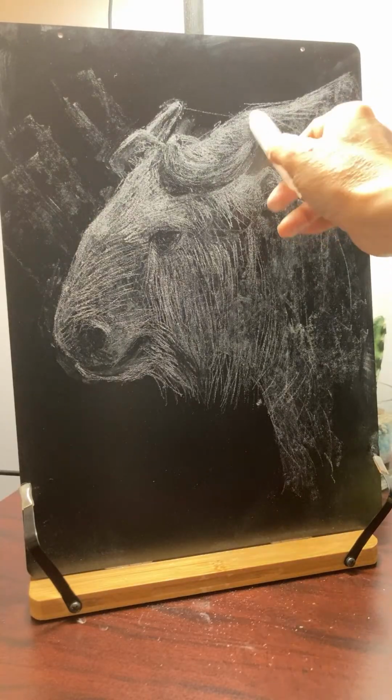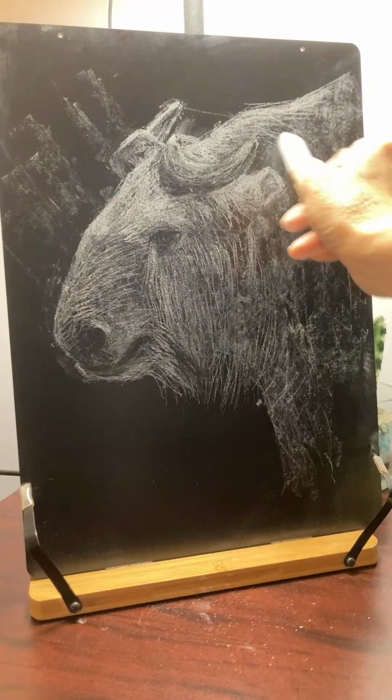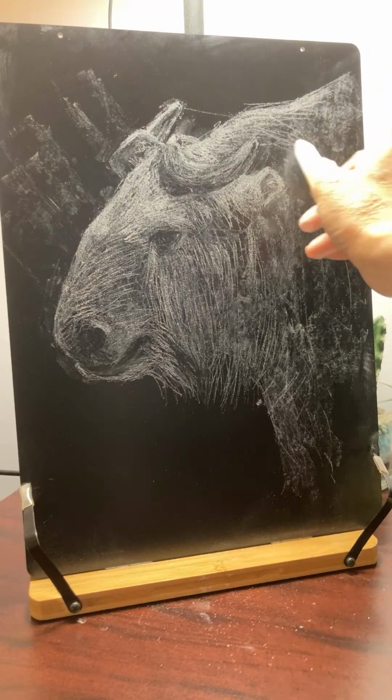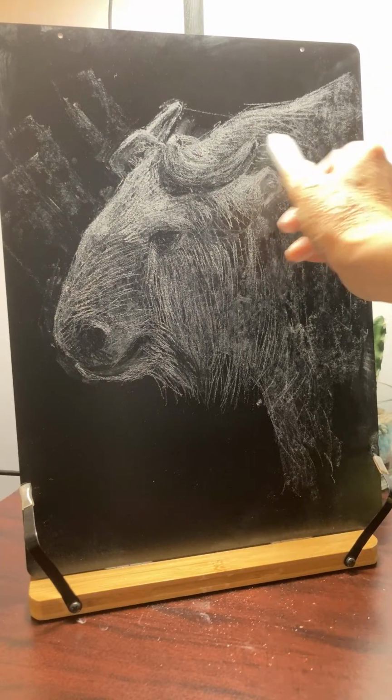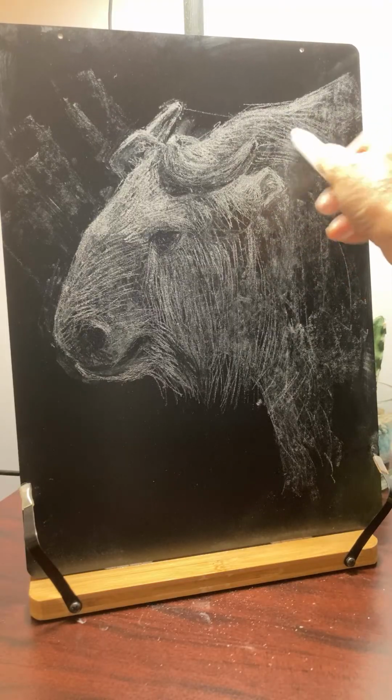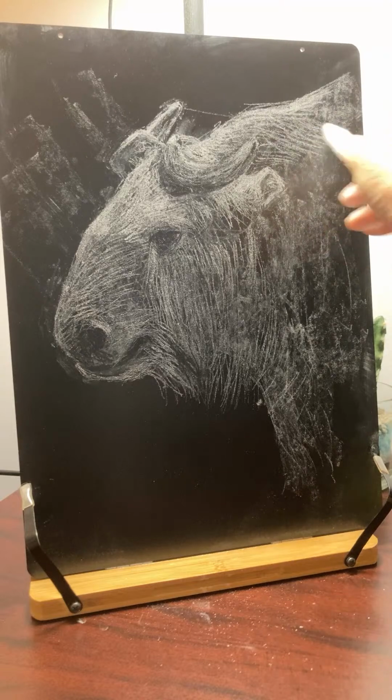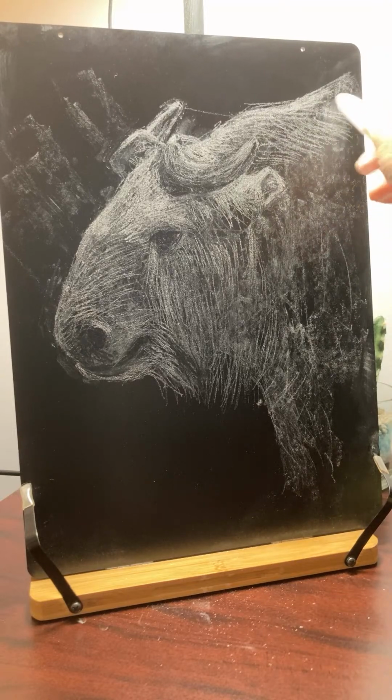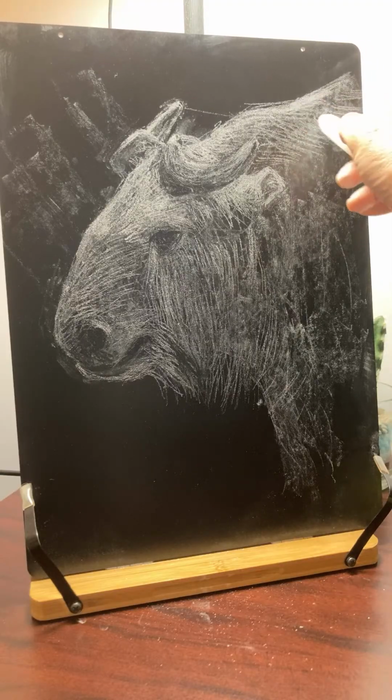Okay, so now I'm going to build the hair, and it goes with the direction, so I draw according to how the fur, how the hair grows. Okay, this the backbone, right? Spine here, and this is the body.